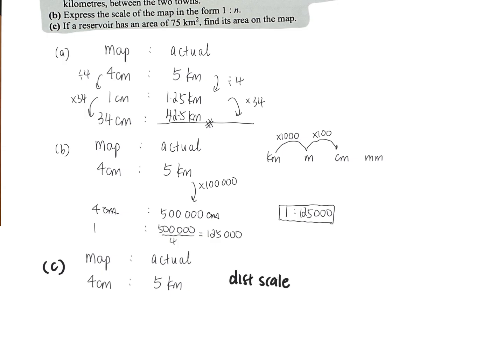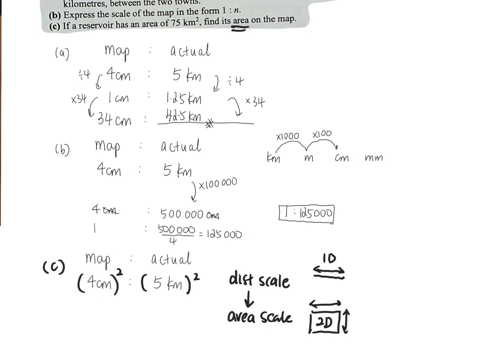But when you see that the question talks about area, you need to level up to an area scale. So remember, when it's distance, it's one dimensional. But when it's area, can you see it's two dimensional, 2D. So you need to square. So this one, to change, you need to square both sides.